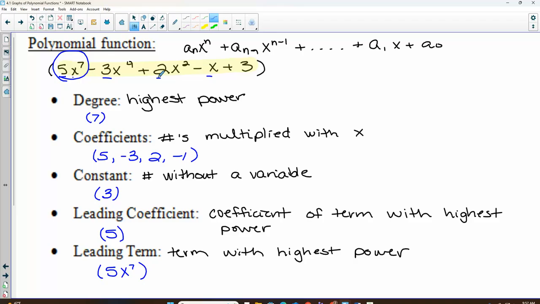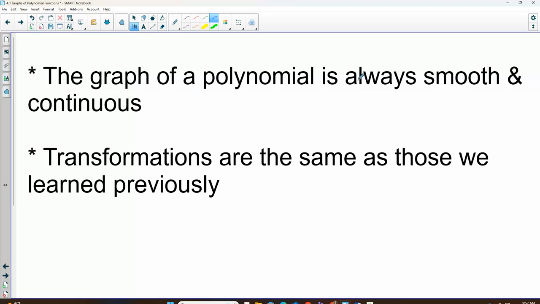So, things to note about this, when we graph them, it's always smooth and continuous. You're not going to have breaks in the graph. You don't have any corners. Any transformation rules that we learned before still apply. I'm going to go ahead and add in something I already said. All the exponents are whole numbers.